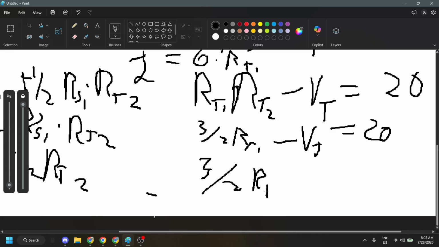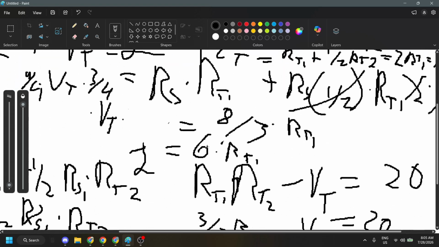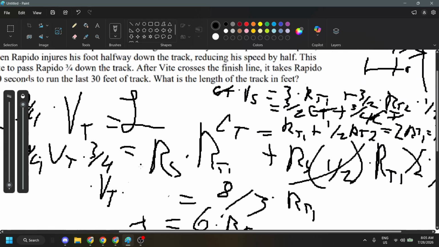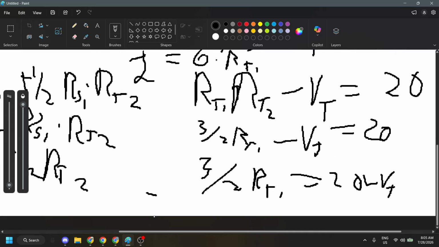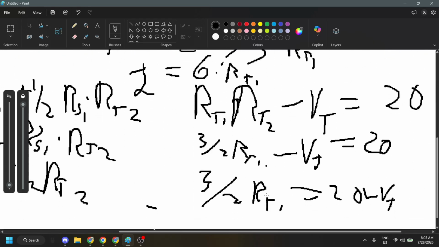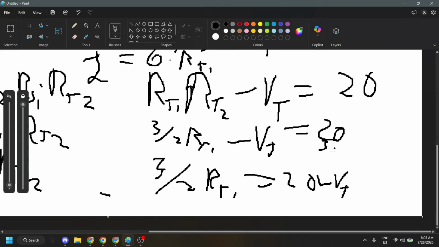We have RT1 is equal to 20 plus VT. Then we have another equation. VT is equal to 8/3 RT1. So 8/3 RT1. So 3/2, we're just going to call it x, is equal to 20 plus 8/3 x.